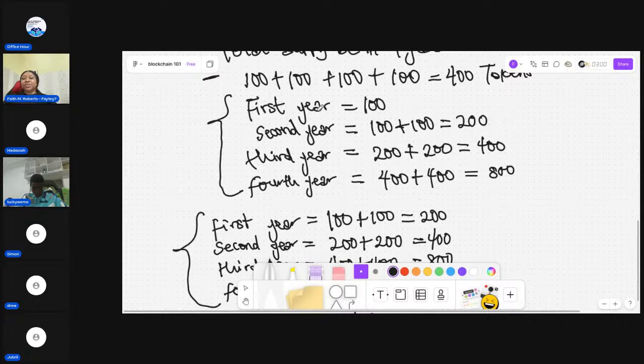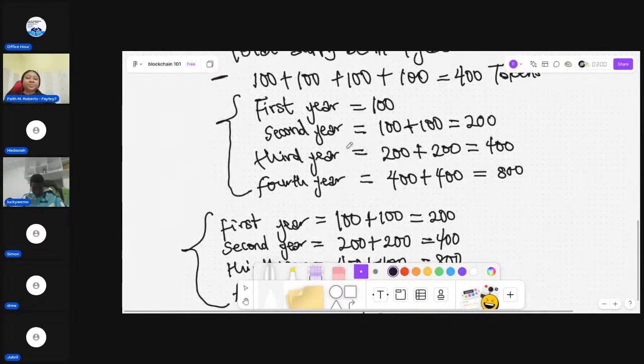Now, also for this first year, the same thing will happen. What will happen to the balance? Why is it not 1,600? And then you'll be explaining.